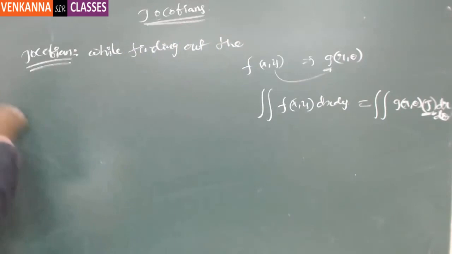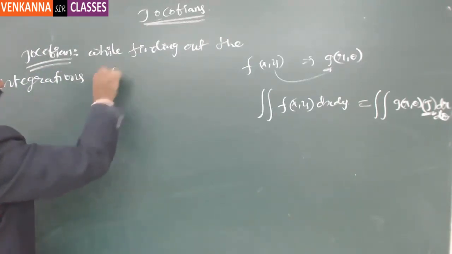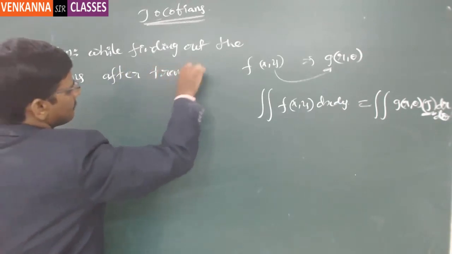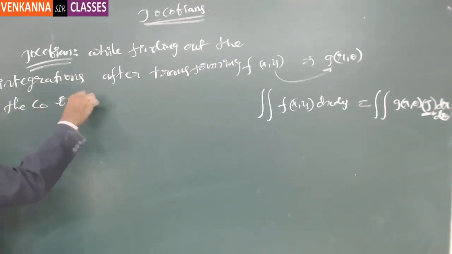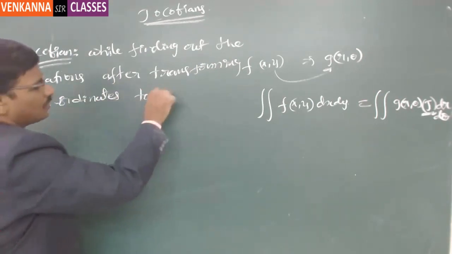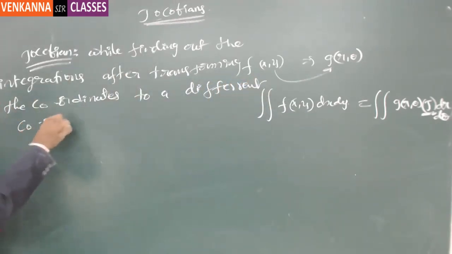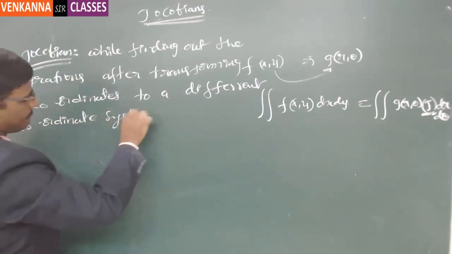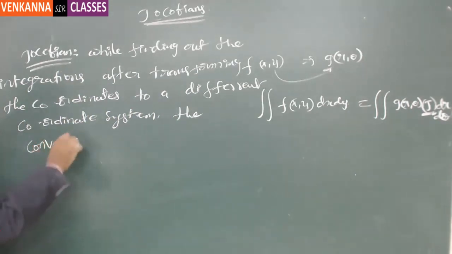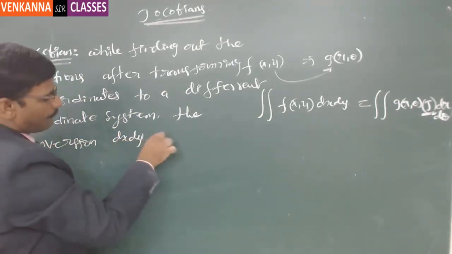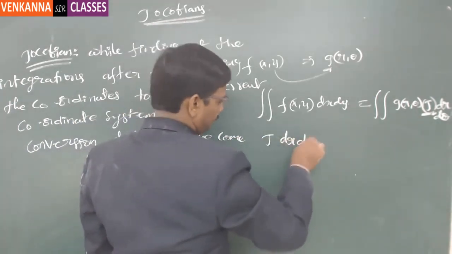So while finding the integrations after transforming the coordinates to a different coordinate system, the conversion dx dy will become Jacobian times dr d theta in polar.